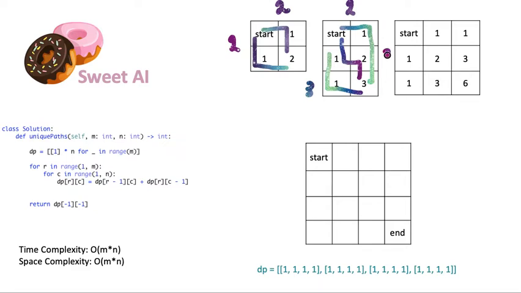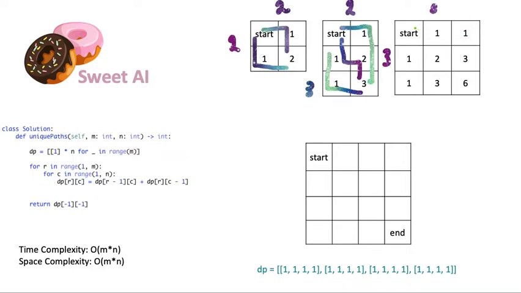How about 3 by 3? As you see, we can take a few different paths to reach this cell. And what we can see from here is a pattern that keeps repeating. In the first row and first column, there is only one path to reach the next cell.